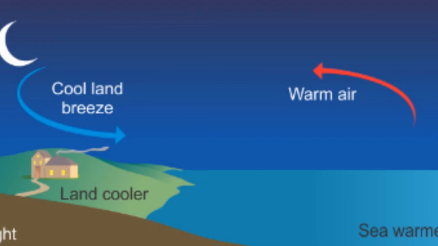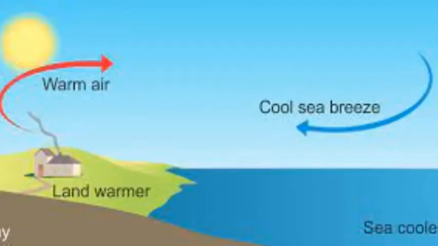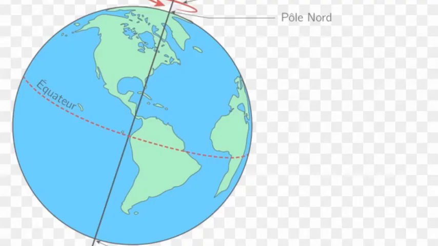Let's now look at the pressure belts themselves. We said those factors give birth to pressure belts, while pressure belts themselves give birth to the flow of winds from high pressure areas to low pressure areas.